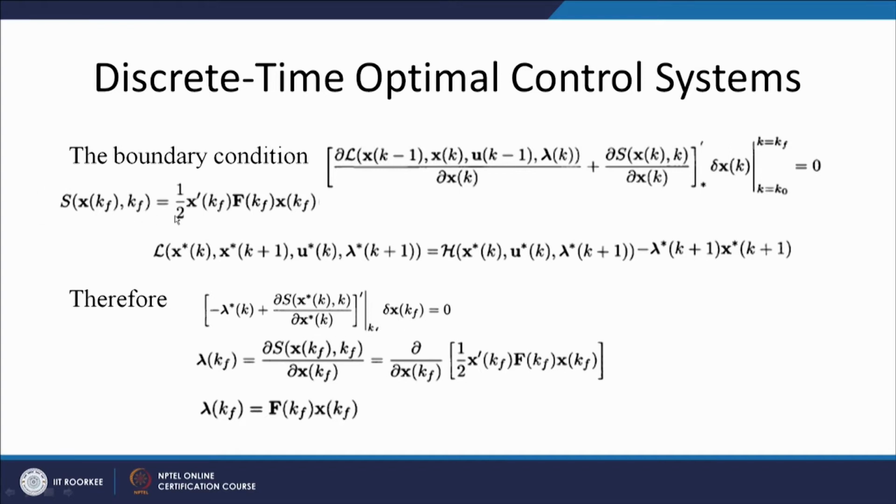S is nothing but half of x prime f of kf x of kf, and if I differentiate this, at kf point my lambda of kf equals del S of x of kf, kf by delta x of kf. If I differentiate this S of kf, I will get nothing but lambda kf equal to F of kf x of kf.